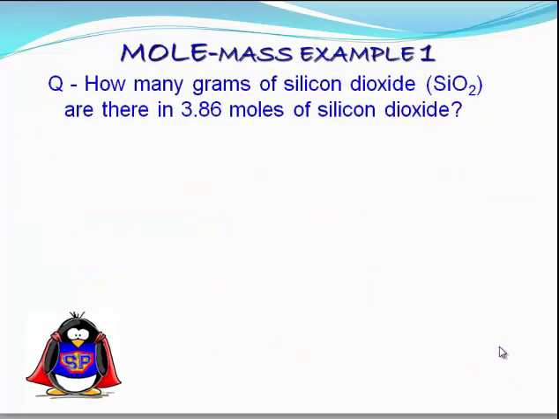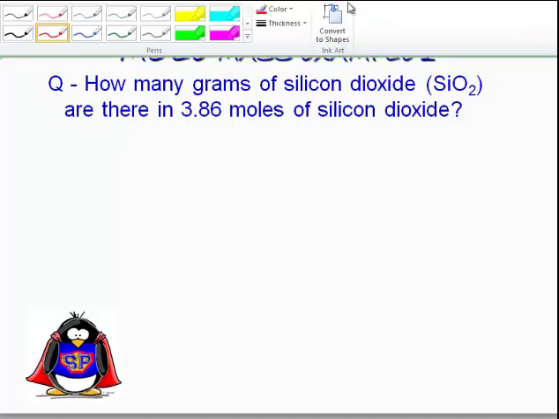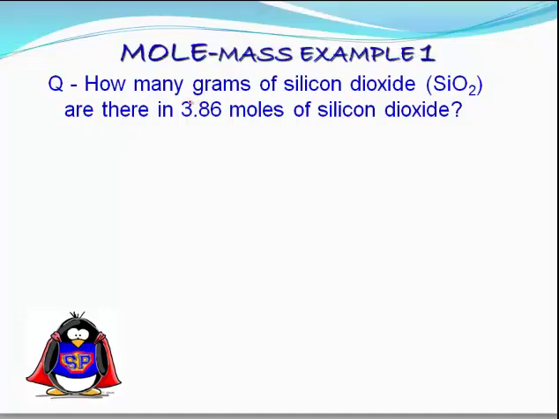So now we are putting the molar mass concept into solving practical problems. As shown here, the question is how many grams of silicon dioxide are there in 3.6 moles of silicon dioxide. So one thing you're looking at is silicon dioxide. You will have this, and you have silicon 1, oxygen 2.